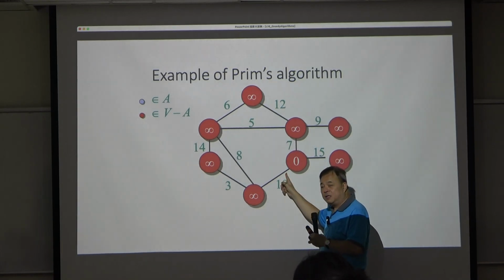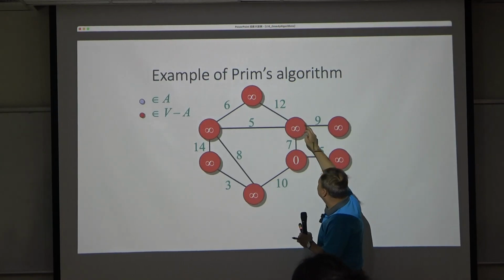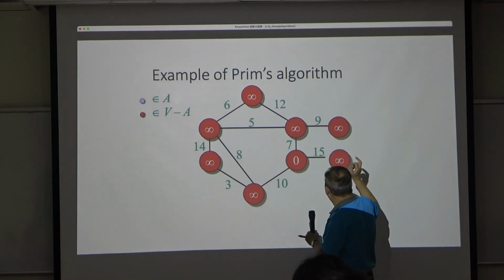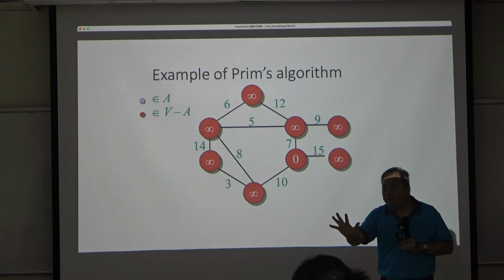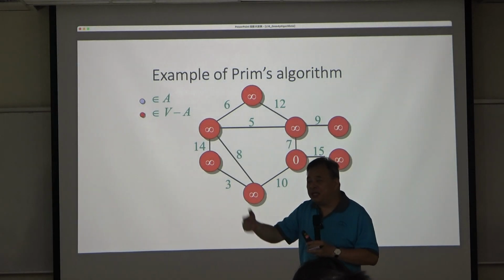So these three nodes' keys will become 7, 10, and 15. So you need to update their key.